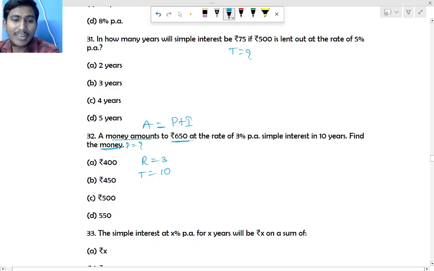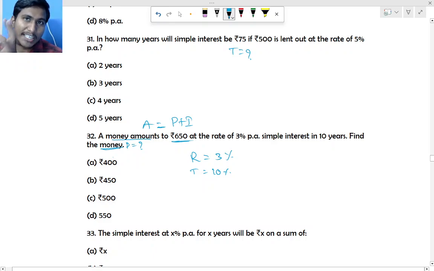Yes. So 500, right? So if I do the answer here also with the shortcut method, see, rate of interest is 3% and time is 10. So rate into time, PTR we have to do. 3 into 10 will be 30%. So for which number 30%? With that if you add you will get the answer.